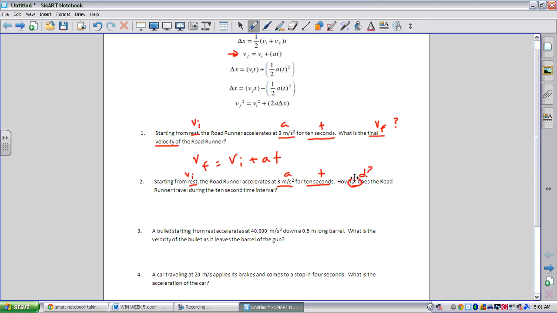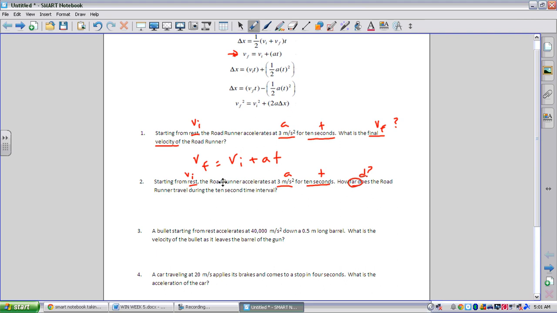So right here we're trying to find distance, and we know the initial velocity, we know the acceleration, and we know the time. And in this case, the best choice to go with, because we know the initial velocity, if you look at our three equations for distance, the first one uses an initial velocity and a final velocity, so we cannot use that equation. The third one over here uses final velocity times time.